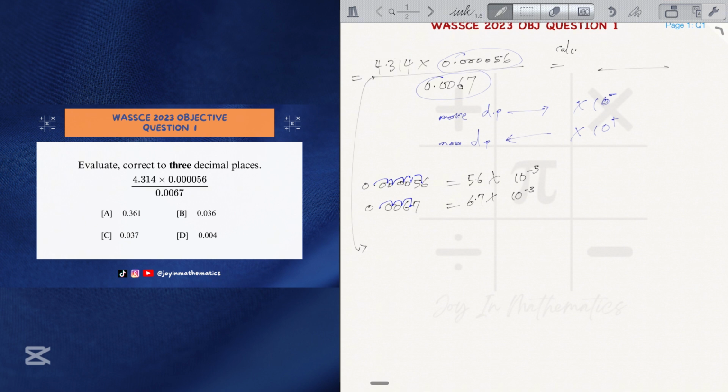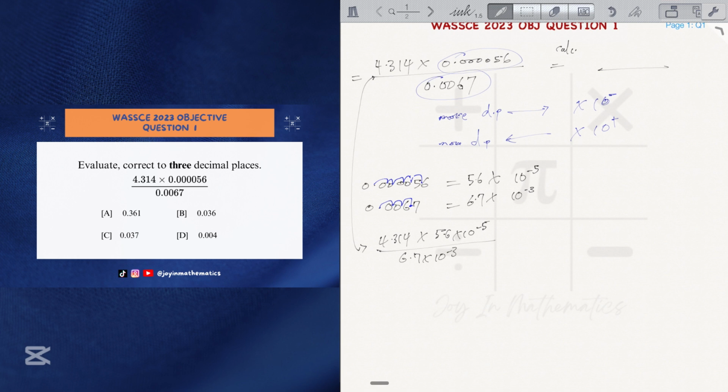So we have 4.314 being multiplied by 0.000056, which is now 5.6 times 10 raised to the power of minus 5, and 0.0067 is now 6.7 times 10 raised to the power of minus 3.